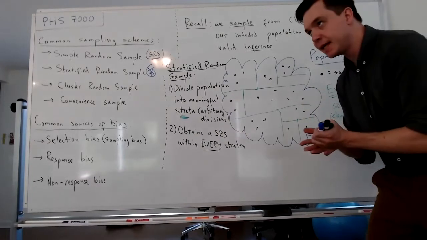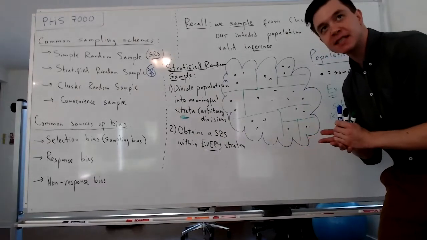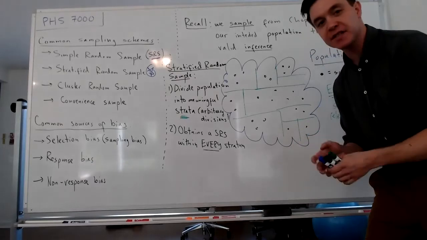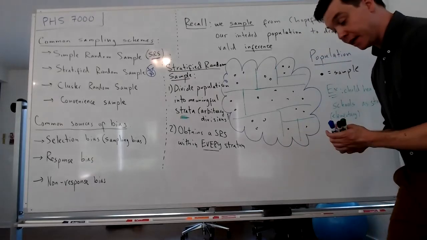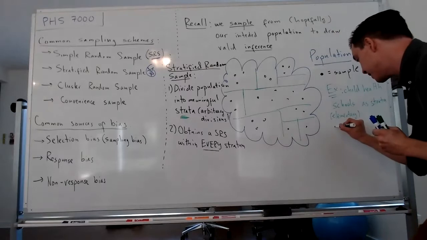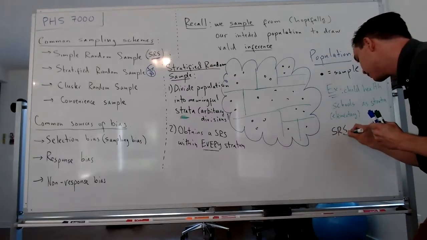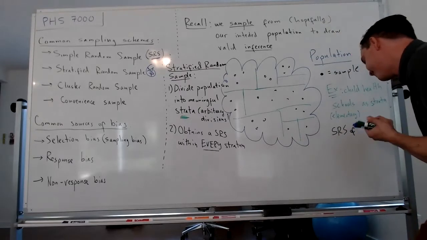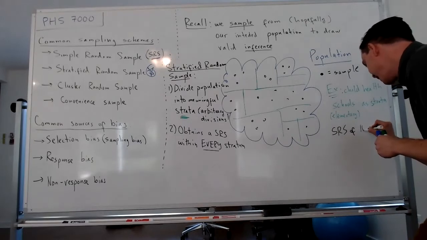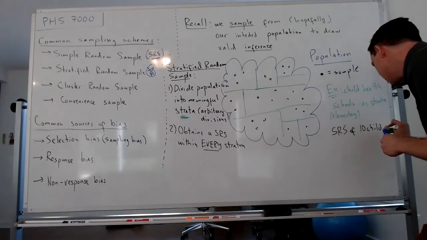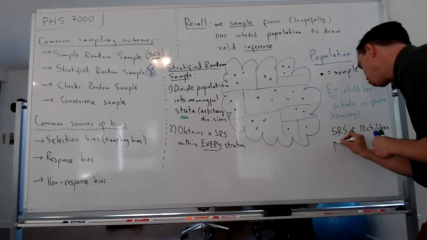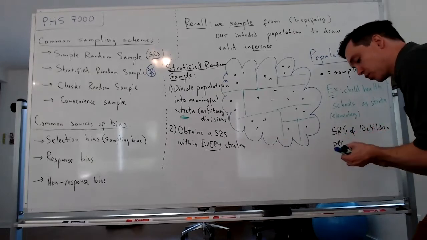Now, there's probably 1,000 to 5,000 elementary schools in the state of Virginia. And then I would go in and obtain a simple random sample of, say, 10 children per school.